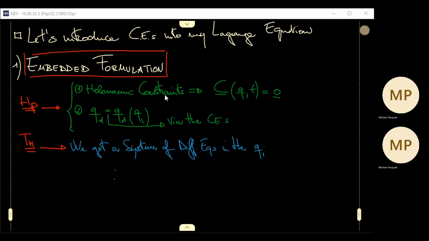This is what we get eventually through this so-called embedded formulation. Then there is the second method, which is called augmented formulation.